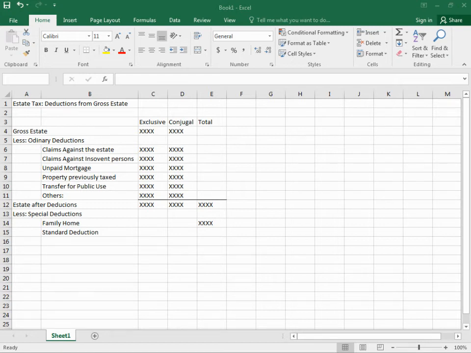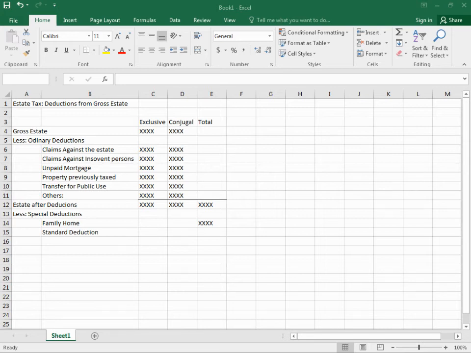But in the new TRAIN law, our special deduction is set into a fixed amount of 5 million, or if the problem provided a specific amount for special deduction, whichever is lower will be recognized as the standard deduction.